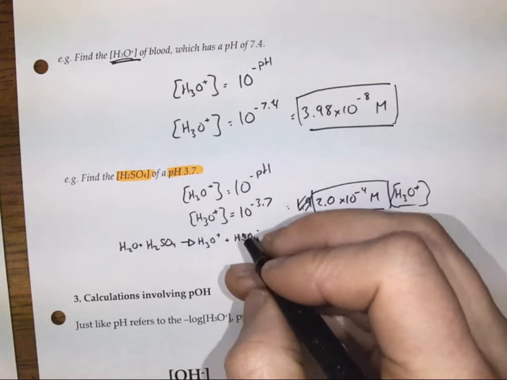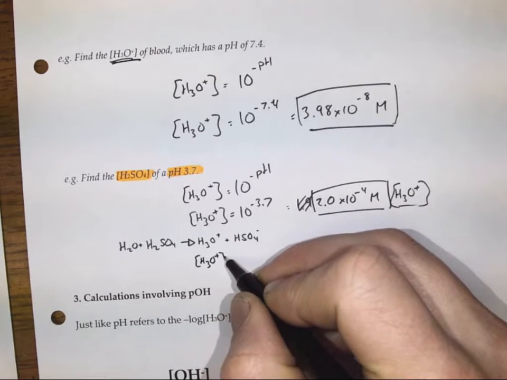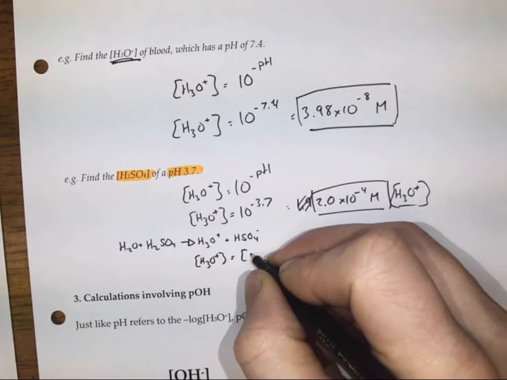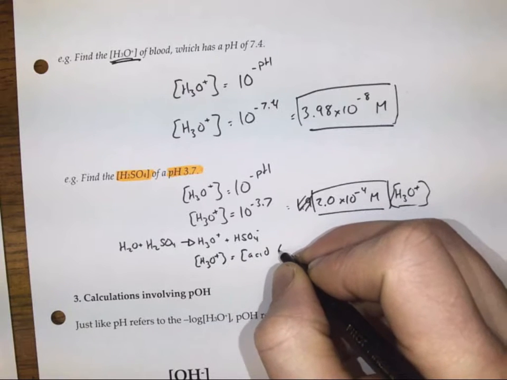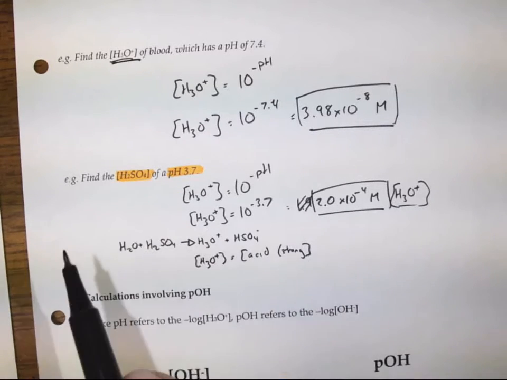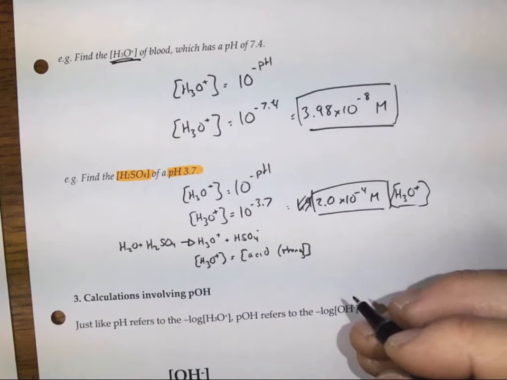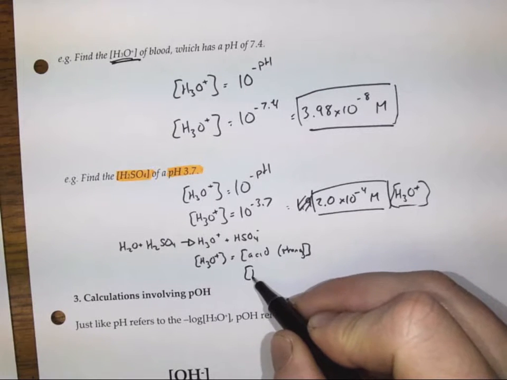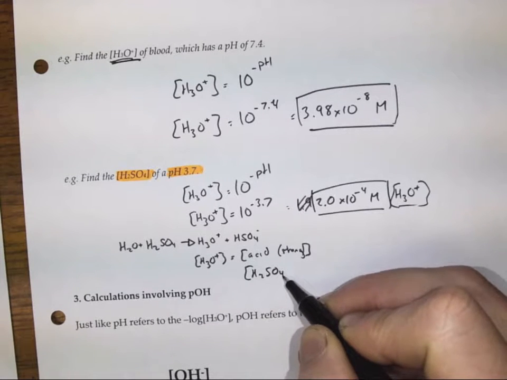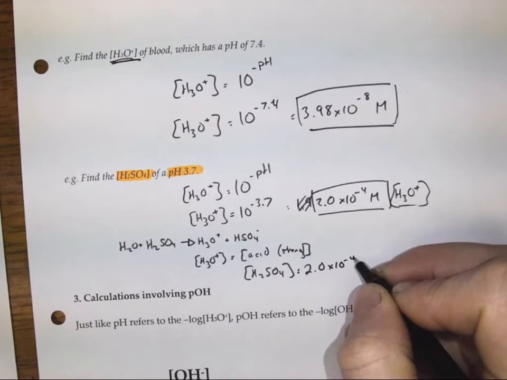This is going 100%. So whatever the concentration of hydronium is equal to the concentration of our acid, only with strong acids. And sulfuric acid is a strong acid. Okay. So that means the concentration of sulfuric acid is equal to 2.0 times 10 to the negative 4 molar.